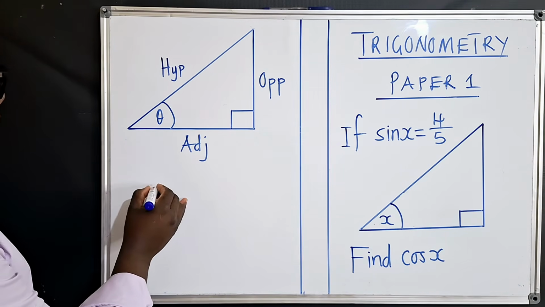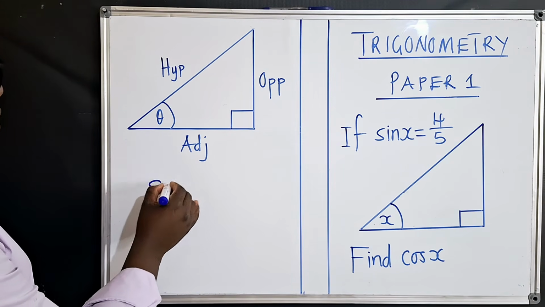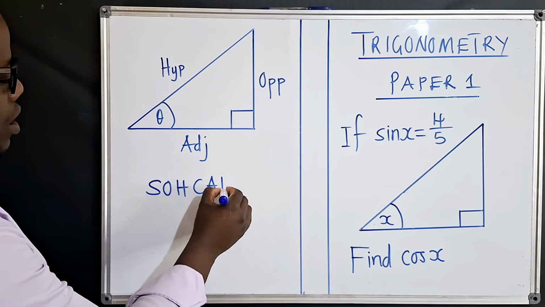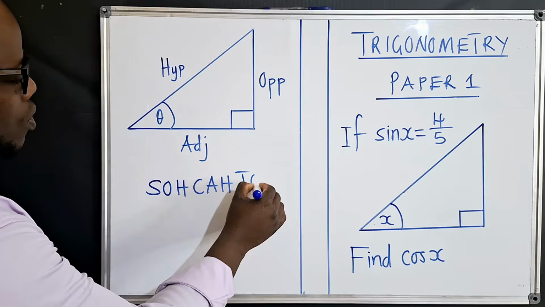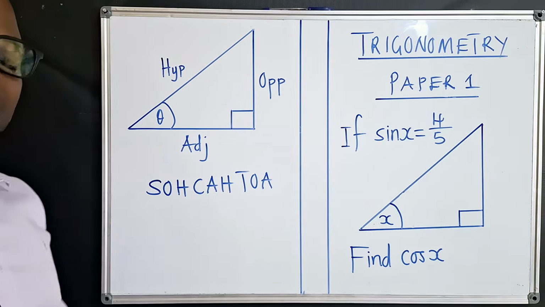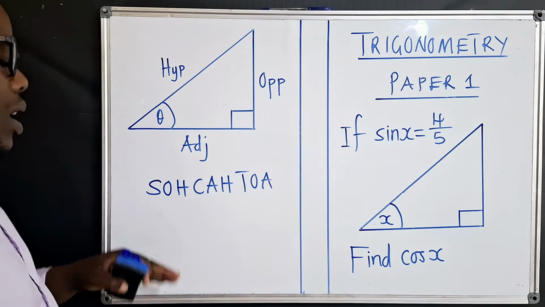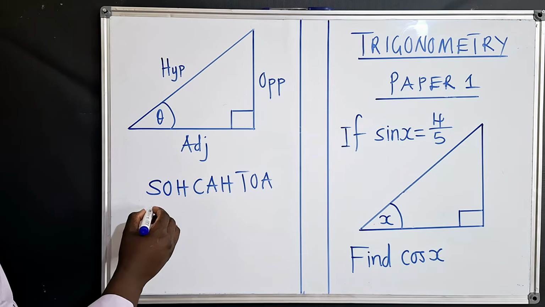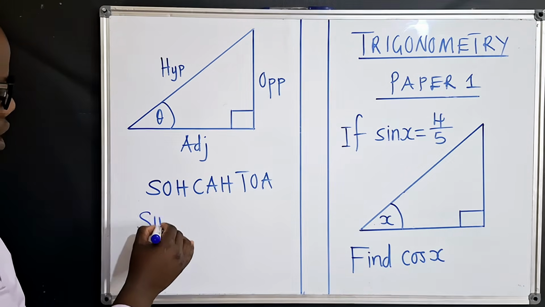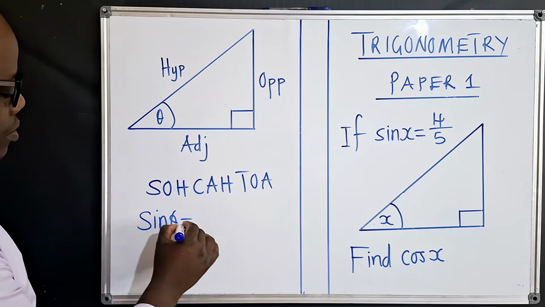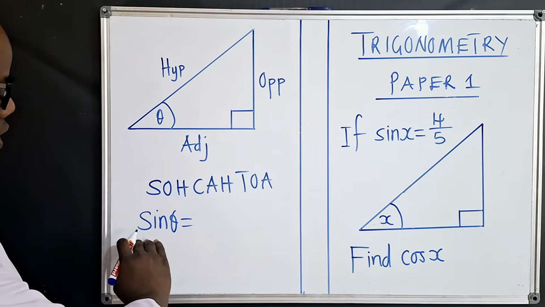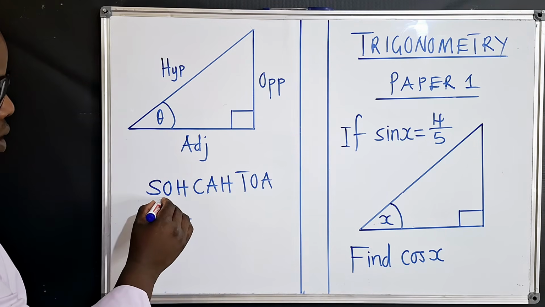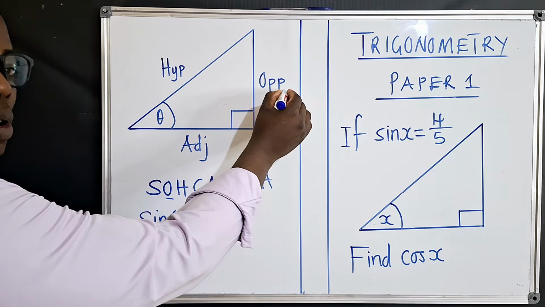Again, you need to understand what we call SOHCAHTOA. Okay, so SOHCAHTOA needs to be understood. And here, when we say sine theta, are you able to see? Sine theta will be equal to, can you see this, this stands for opposite.